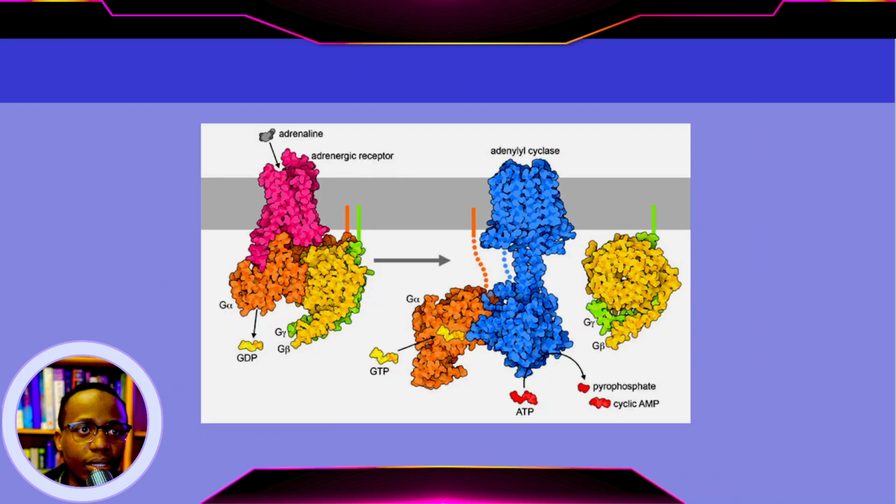So this usually looks like this, right? This is your typical G protein. So this is an adrenaline receptor. Adrenaline is one of the big ones here, where adrenaline comes in, activates the adrenaline receptor, it activates the G protein, adenylyl cyclase, and all that stuff.